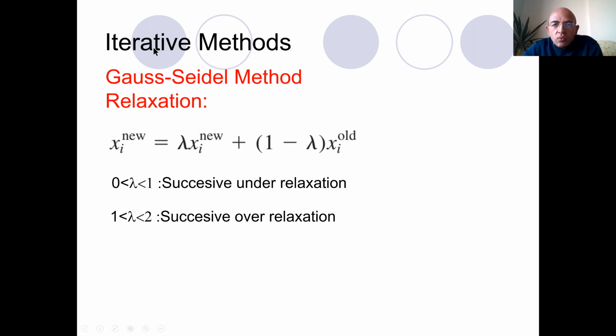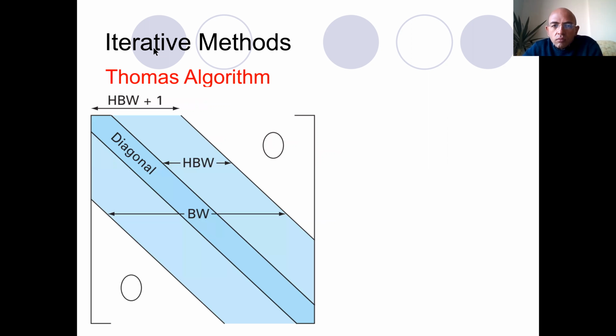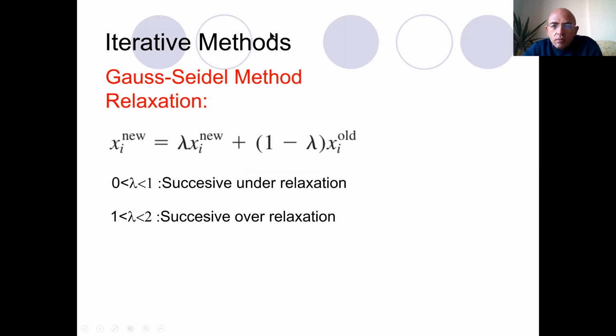Remember that we have two values for the approximation. One comes from the previous iteration and one is from the new iteration. Now we can combine them in a linear fashion and form a new approximation. How do we do it? We multiply the value that we have calculated from the new iteration with lambda.